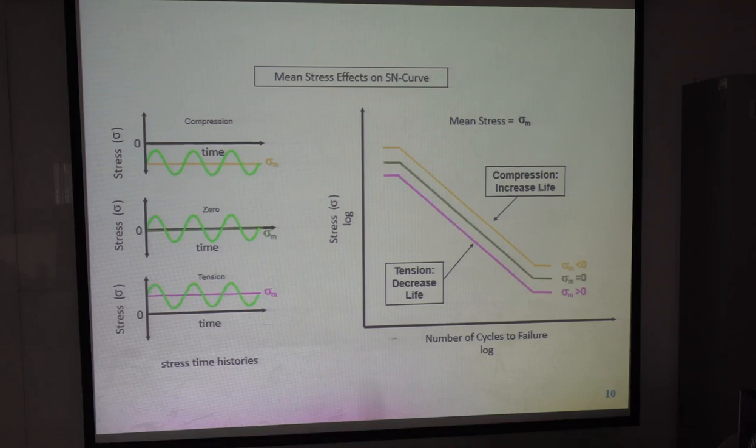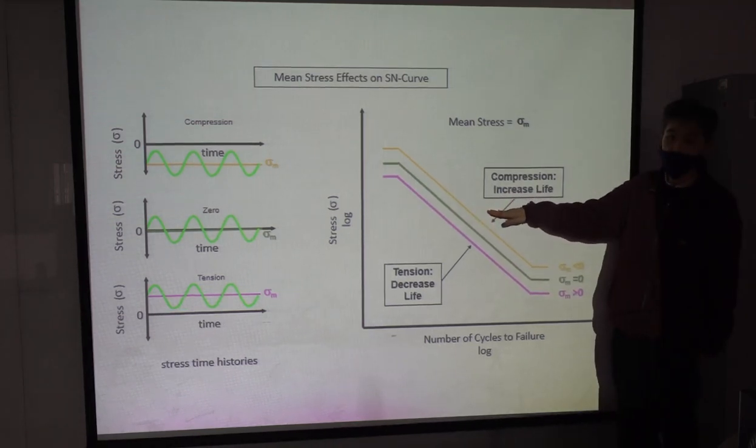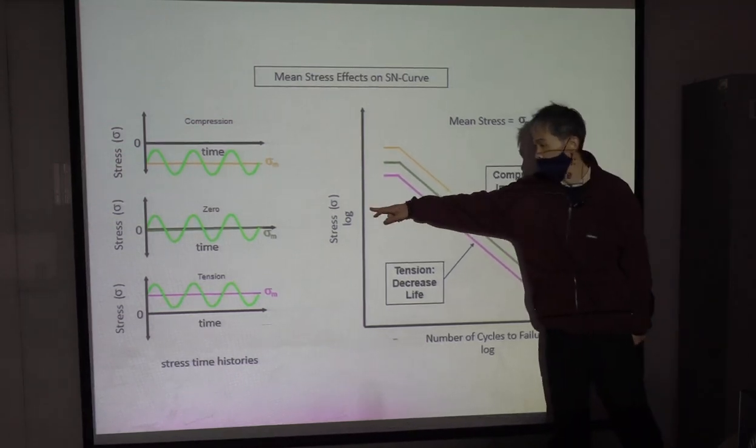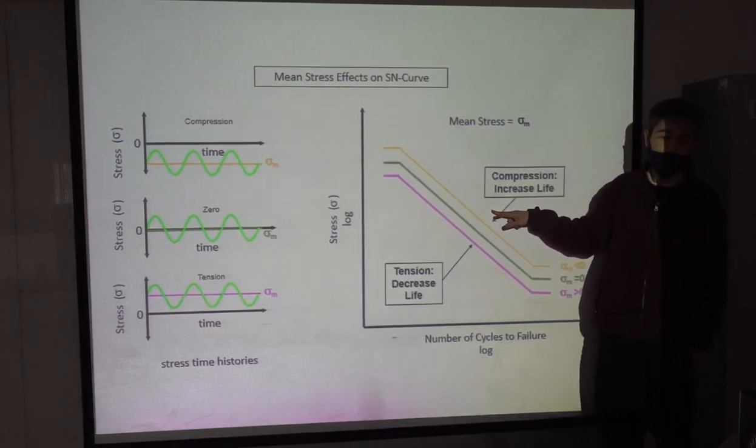The tension mean stress SN curve is the pink line. So let me ask, for the same stress, okay, look at me, please. For the same stress here, which one has a longer life? For this stress level, the yellow one, the green one, or the pink one?